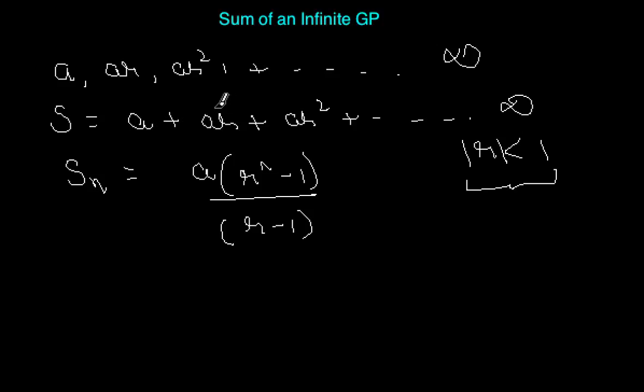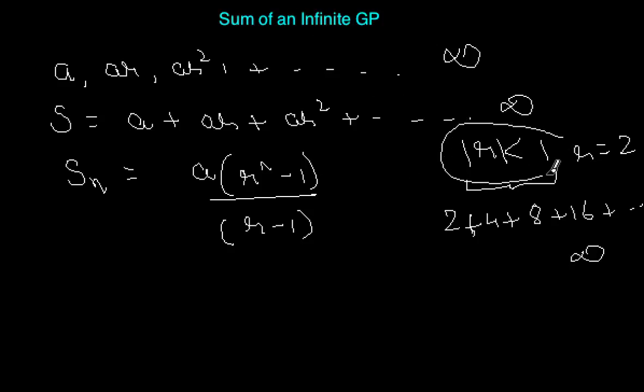For example, if the first term is 2 and r is also 2, then 2 plus 4 plus 8 plus 16 till infinity will come out to be infinity. Therefore the sum of an infinite GP is always found for mod r less than 1.